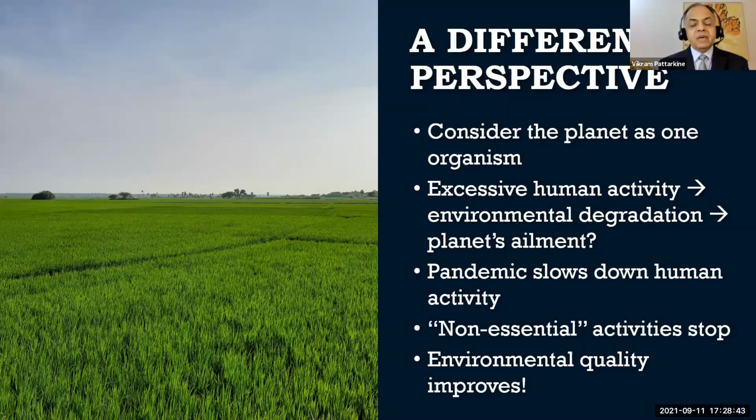Now what has happened? Pandemic has slowed down human activity. In the last 1 year, we have only been engaged in essential activities. All the non-essential activities have been slowed down or closed down. And because of that, environmental quality has improved. So let us see how that happens.